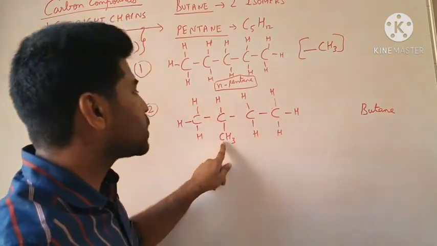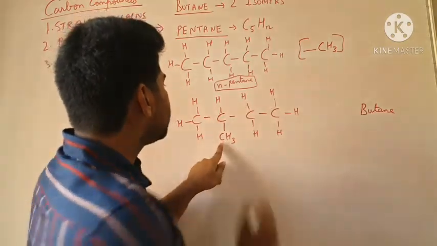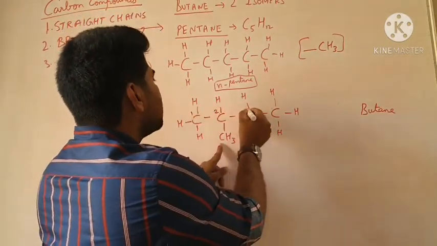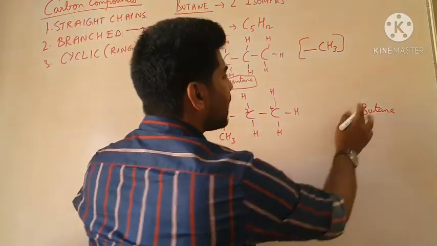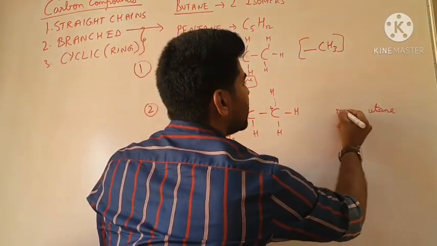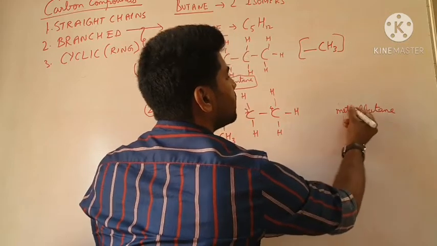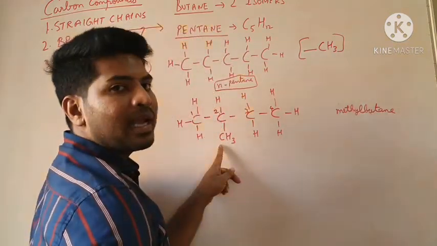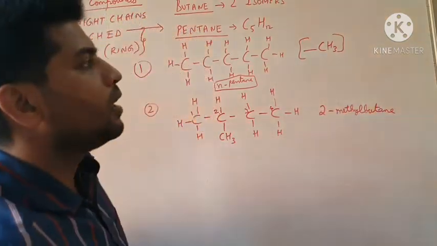Then identify the functional group. The functional group is CH3, which is methyl, attached to the second carbon. So the name would be 2-methyl butane.